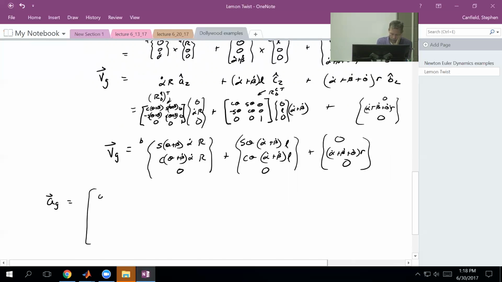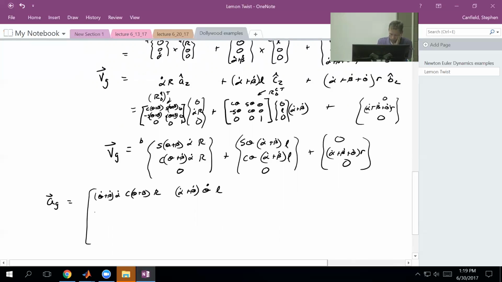So that's theta dot plus beta dot alpha dot cosine theta plus beta times r. The derivative of this guy, so I get alpha dot plus beta dot times theta dot L plus 0.